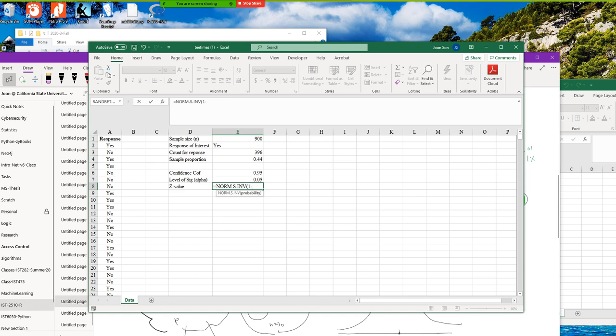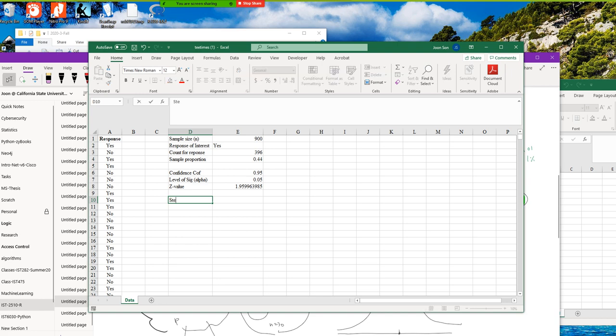That's important because we are talking about the two-tail. Which is E7, the level of significance alpha divided by 2. So it's 1.96. We don't have to compute this, but I did it anyway. So we have a z value.